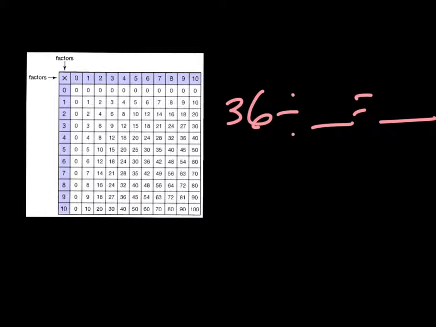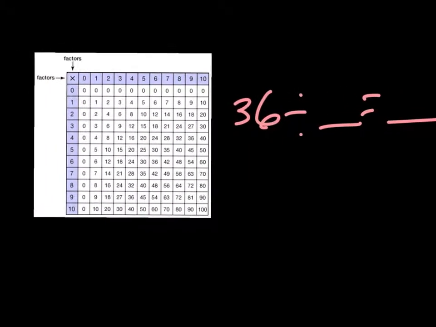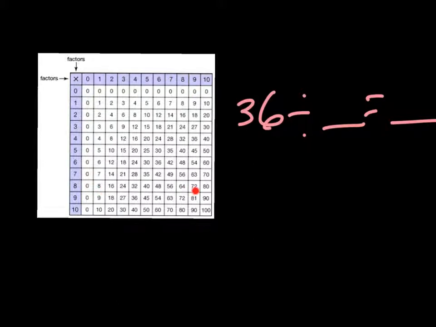What if I were given a problem like this? 36 divided by some number equals another number. What I'm going to have to do is look for 36 somewhere on my multiplication chart in this white region. If I look for 36 here, I can go up, 36 divided by 6, and go across and get my other factor. There's more than one answer there.